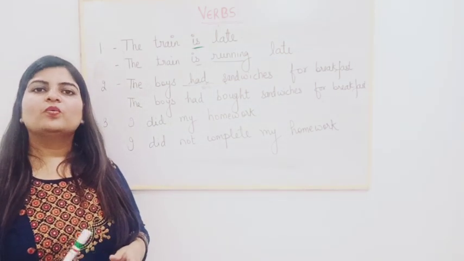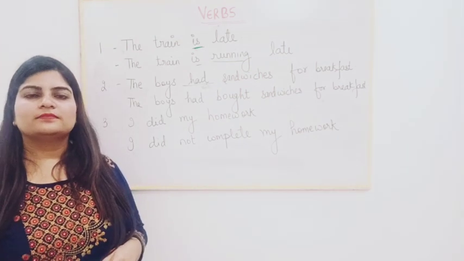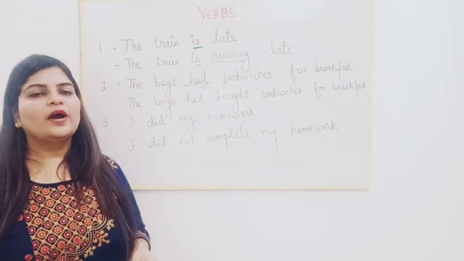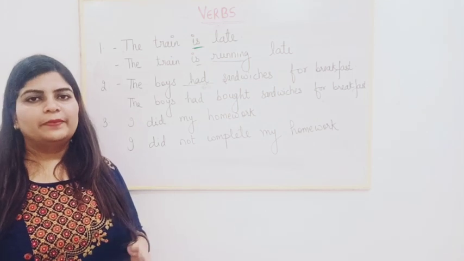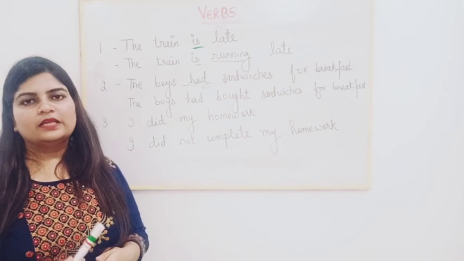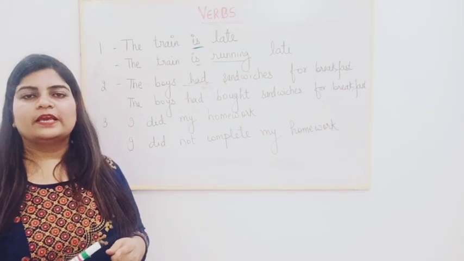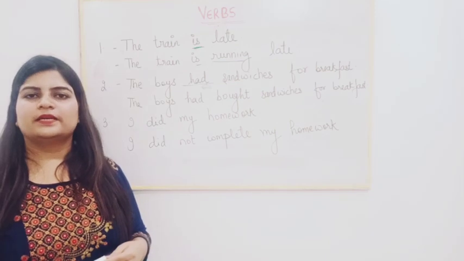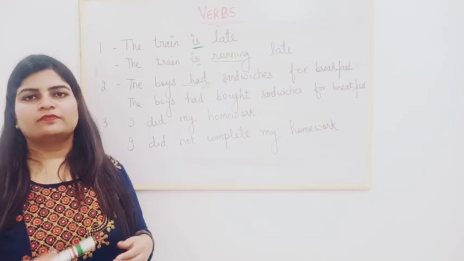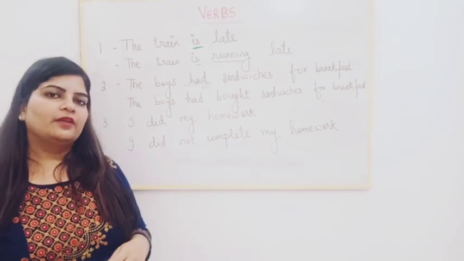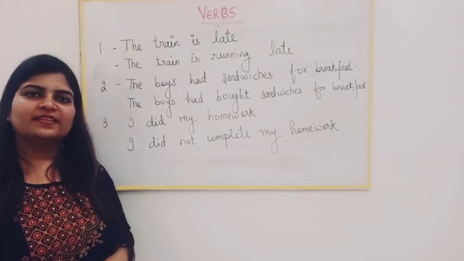You have to keep one thing in your mind, that if you are using the form of be, do and have, and there is no main verb present, then it is a linking verb, which is linking the subject with the rest of the sentence. But if there is a main verb present, then it is the helping verb. Let's have a look at the examples.